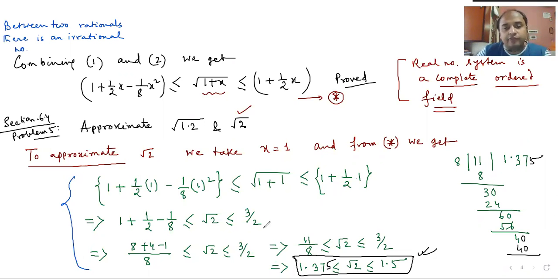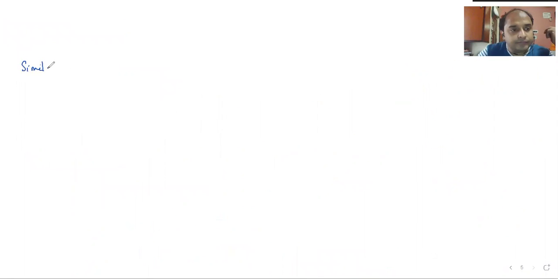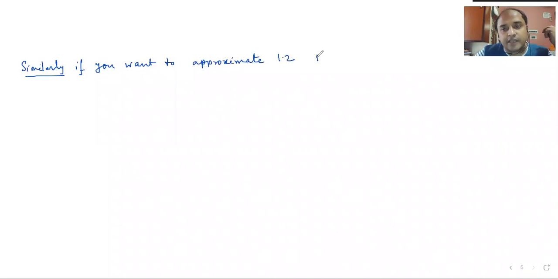So similarly, if you want to approximate 1.2, then you select x equal to 0.2.